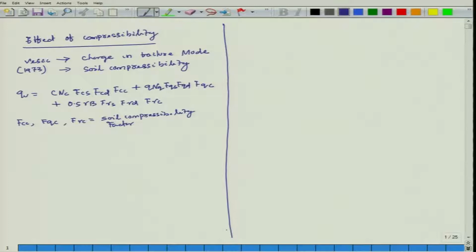So, how are you going to follow these steps? These steps are how you calculate taking into consideration soil compressibility.